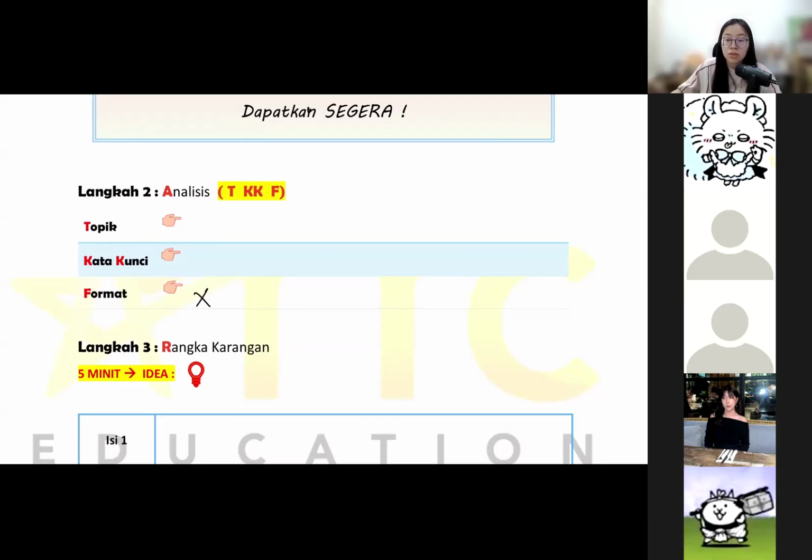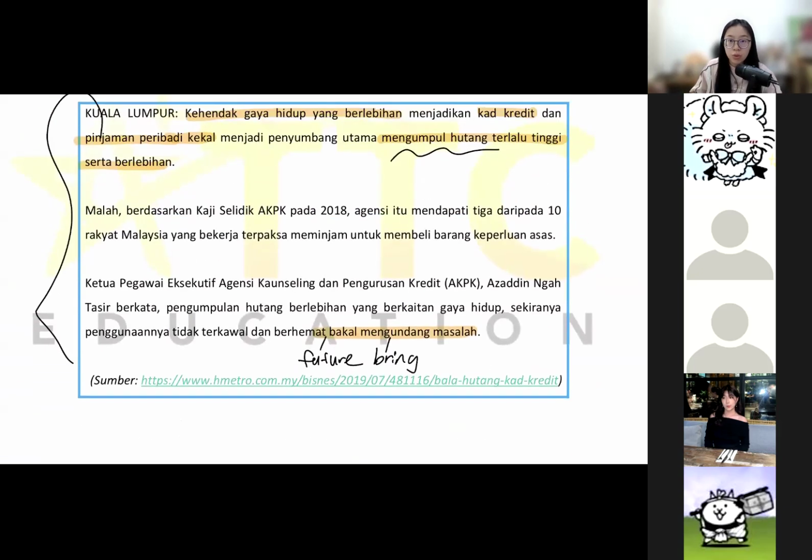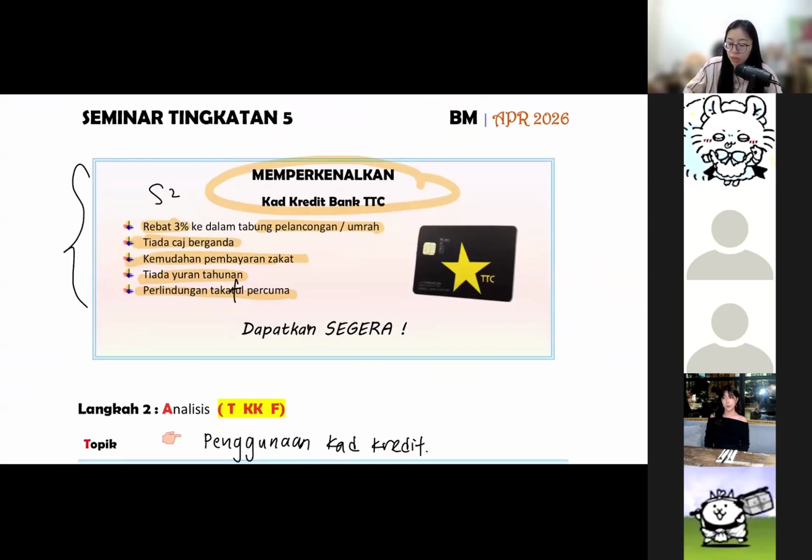Just now we just learned. Okay, the keyword is kesan lah. And then topic is penggunaan kad kredit. So my first EC will be here. Disadvantage. Then the second one will be the advantage. Okay.